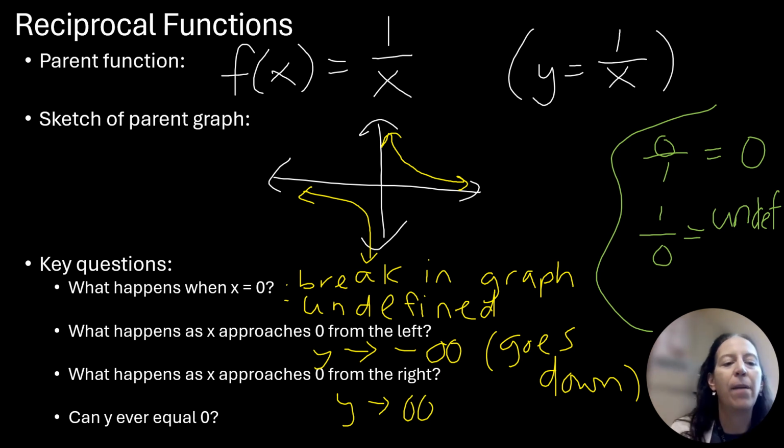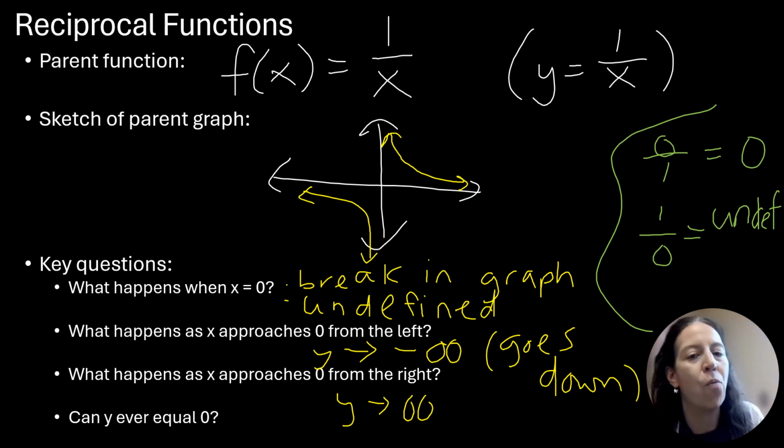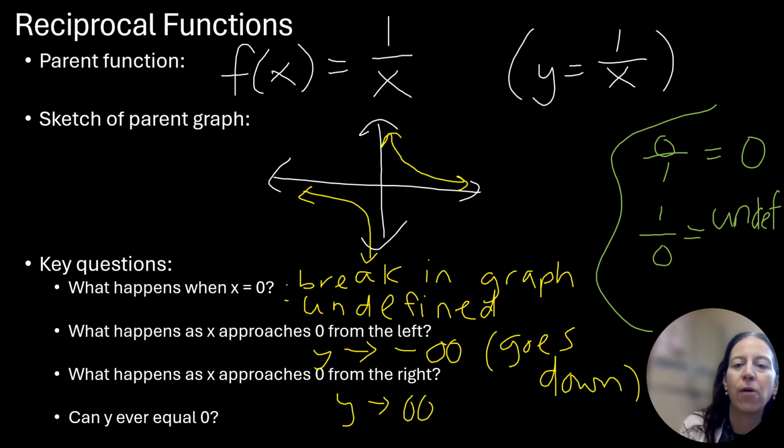Okay. Last question there is, can y ever equal 0? So is there a number that you could plug in for x that would make your y value equal to 0? You might want to just stop and think about this for a second.